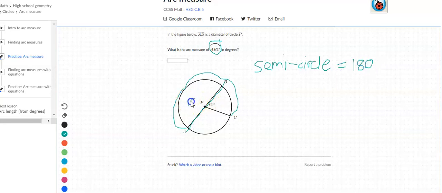So this equals 180. And so I just do 180 plus 69, which is going to give me 249.